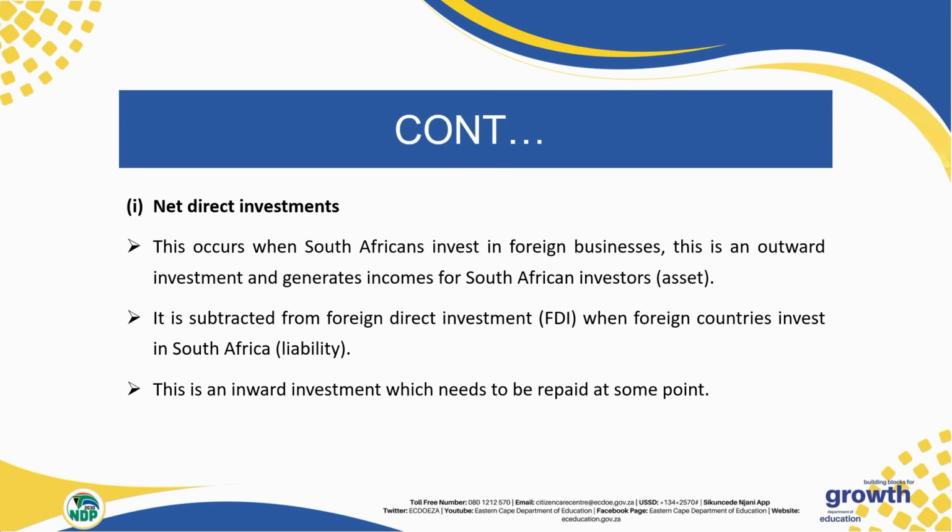Also, we subtract the amount of money that we as South Africa receive. If an individual who is a non-permanent resident of South Africa decides to come and invest in the Republic of South Africa, that amount of money should be regarded as a liability to us because we owe it to them at the end of the day. So it means we have to pay it.